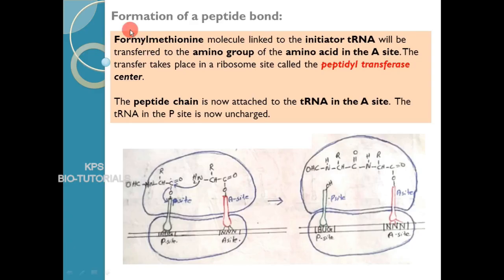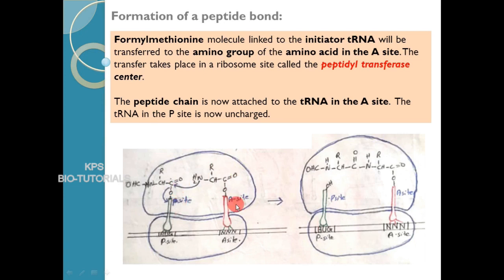Now at the P site there is the initiator tRNA with the initiator amino acid, and at the A site there is aminoacyl tRNA with an amino acid. So there are two amino acids, one in the P site, another in the A site.